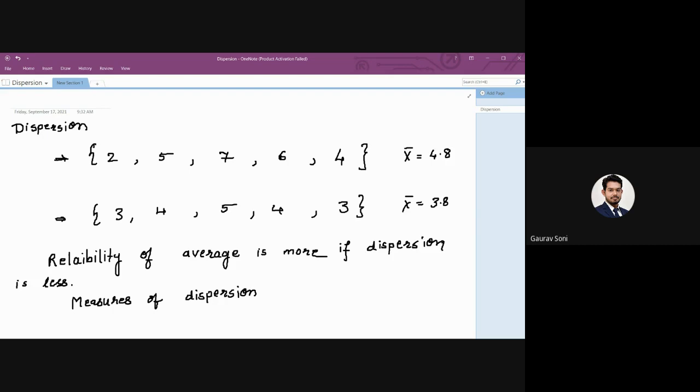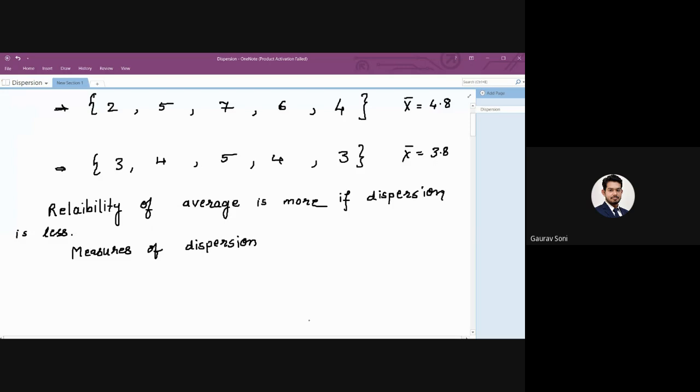When you take an average, you take out a representative of that data and do the calculations depending on it. So you must always know how reliable that representative is, and that is given by the dispersion. Fine.